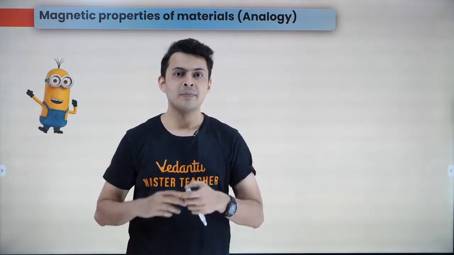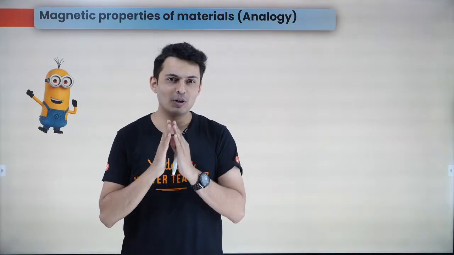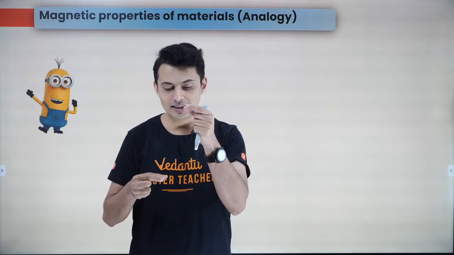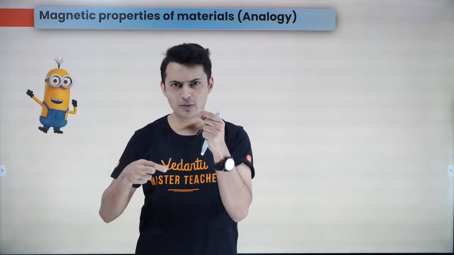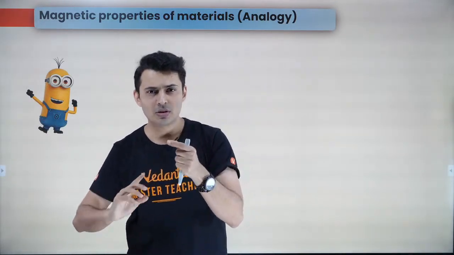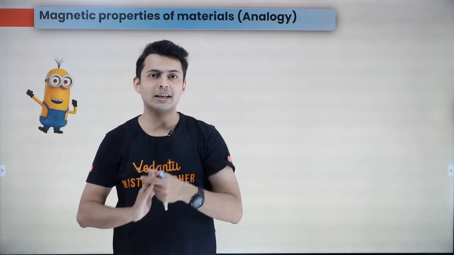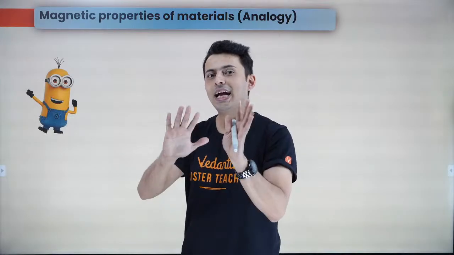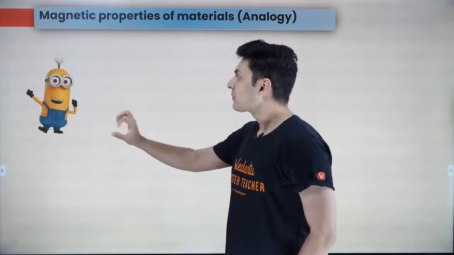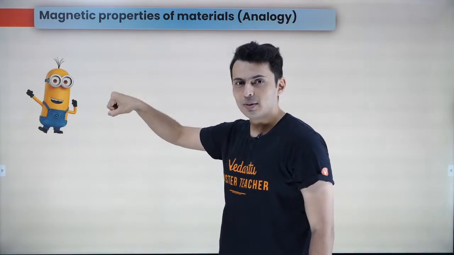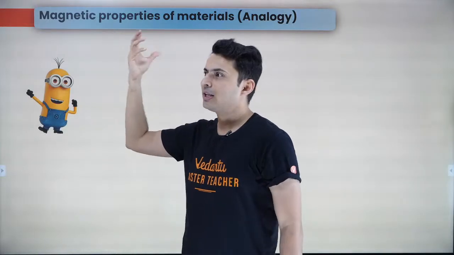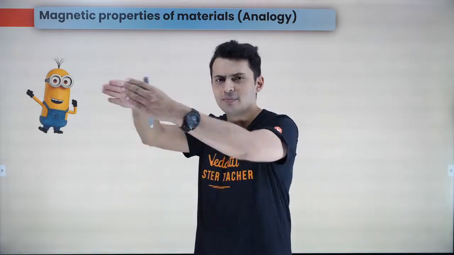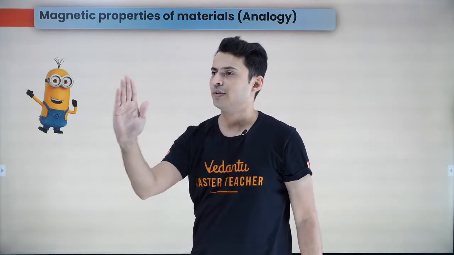Now, when a current like that is produced because of moving charged particles, it behaves like a small magnet, and that magnet will also have its own magnetic moment. That is, its north pole and south pole will be oriented in a particular direction. This minion out here, we are going to think as if he is that rotating electron, and the direction in which he looks is the direction of the magnetic moment.